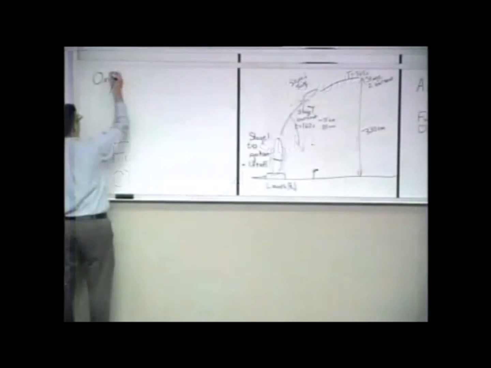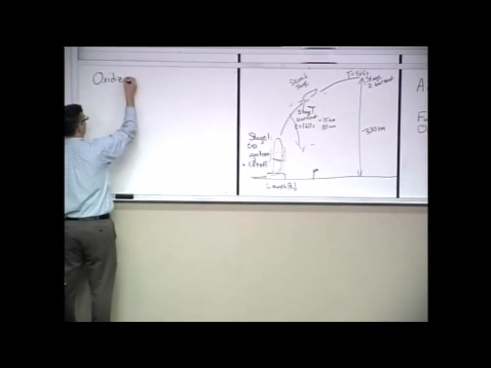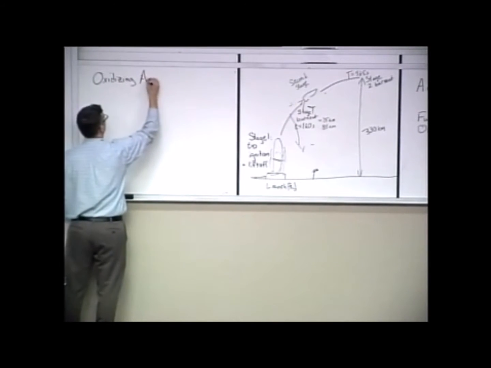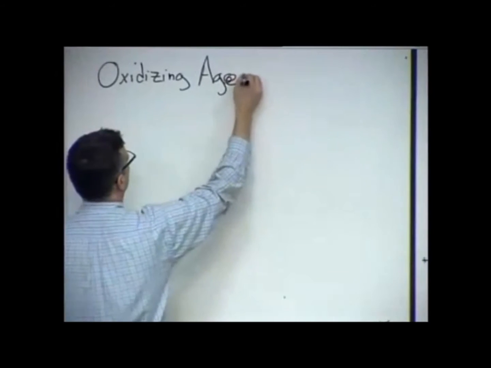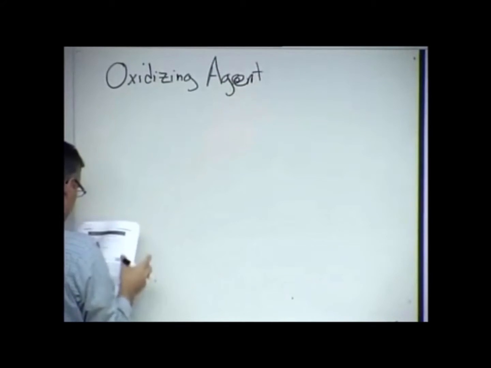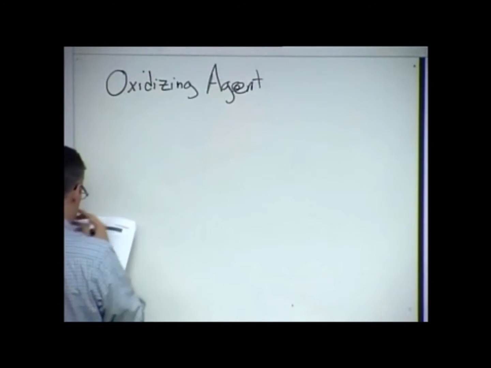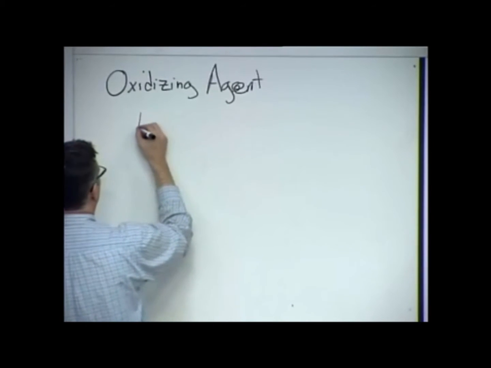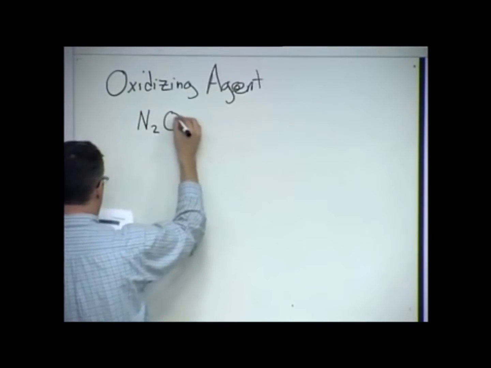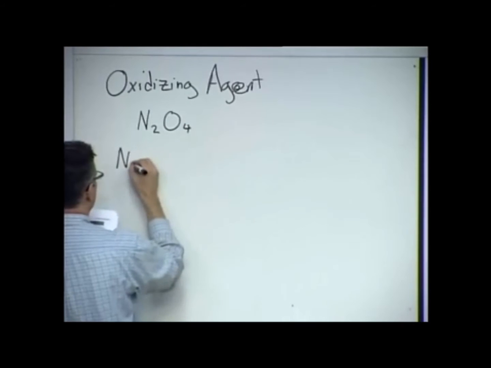We'll use a chemical formula. We're going to do some chemistry in this class. N2O4, nitrogen tetroxide.